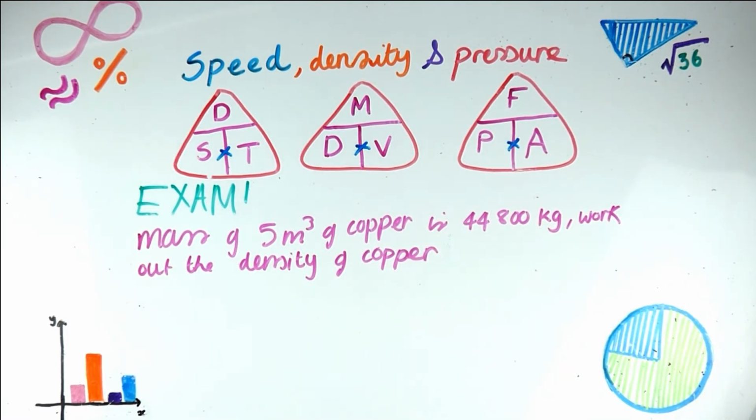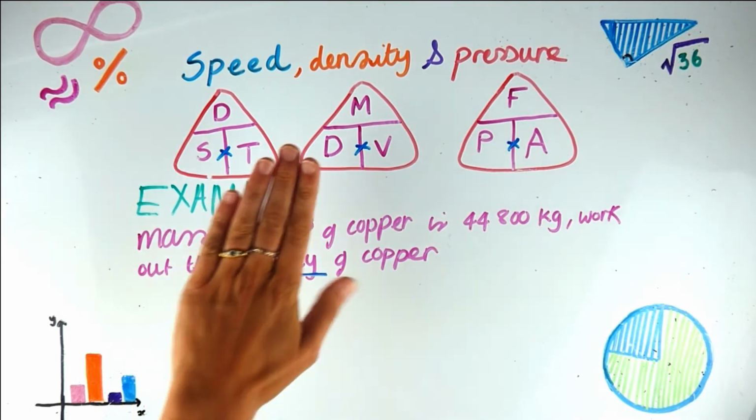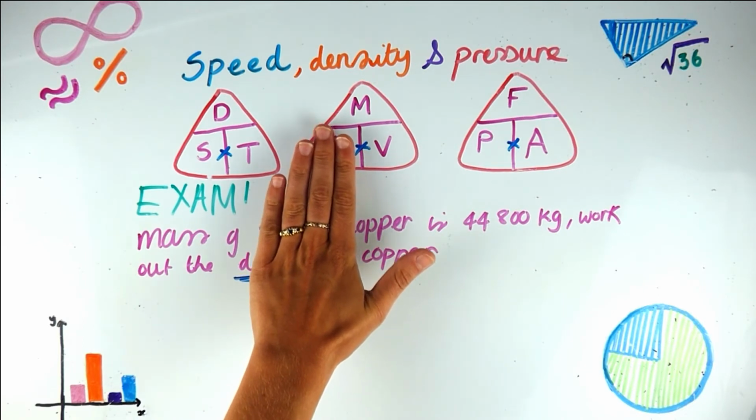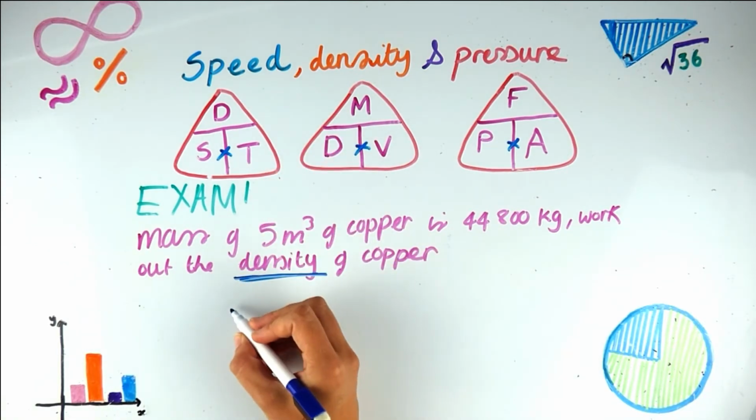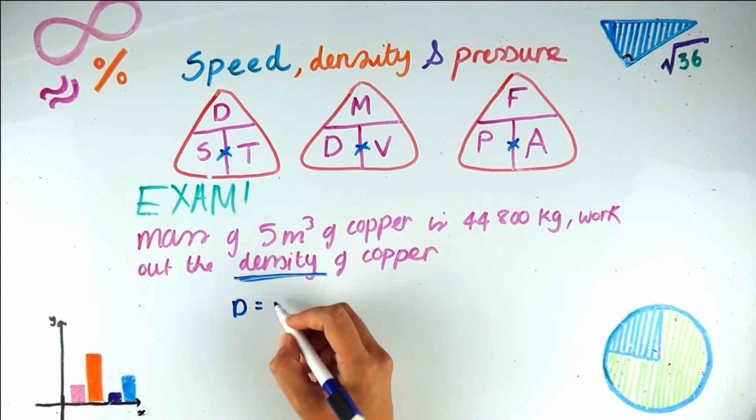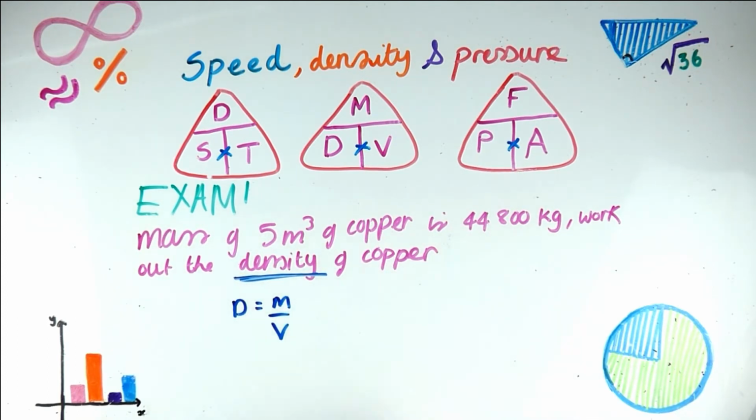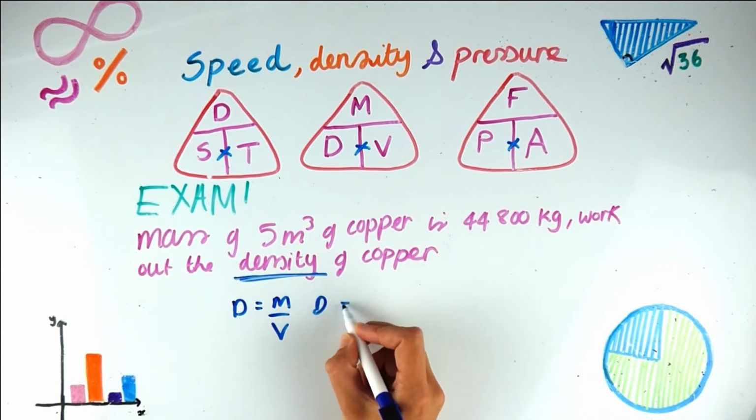Okay, so this example, we want to work out the density. So we're looking at the density, my dirty video, and we want the density, so we cover up the D, and we've got M over V. So sub in our numbers.